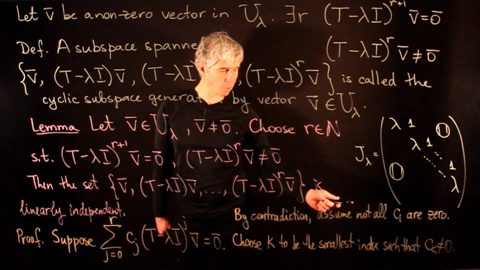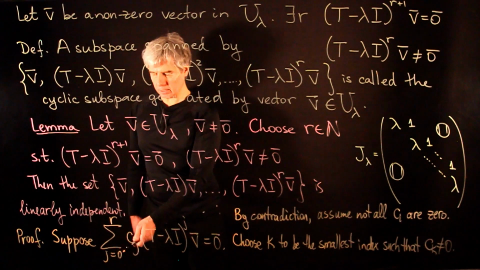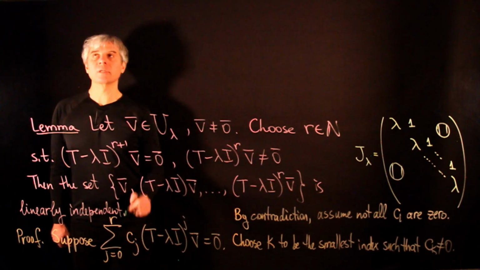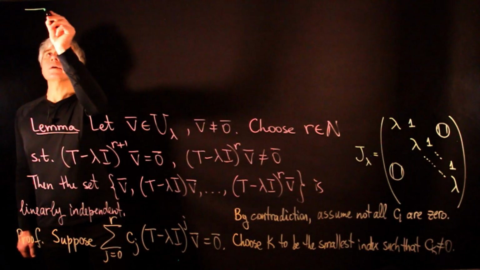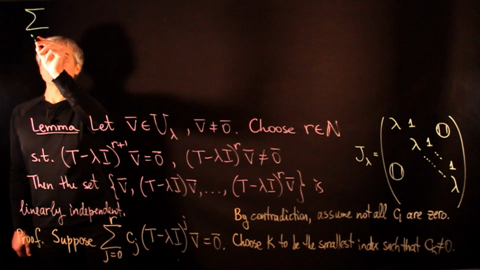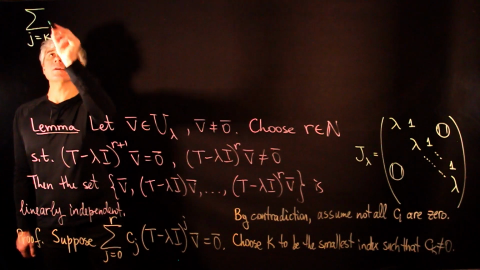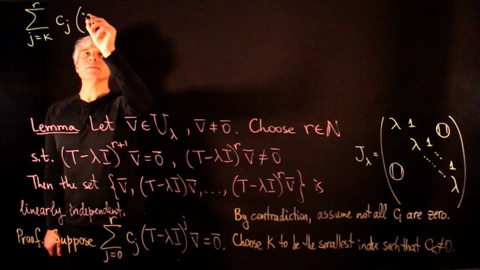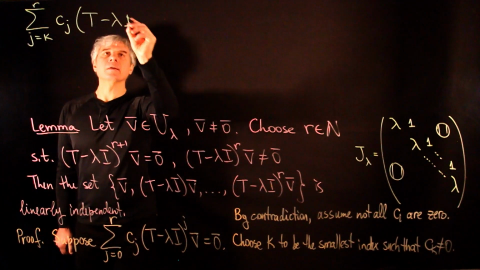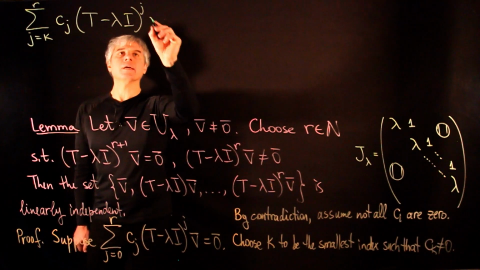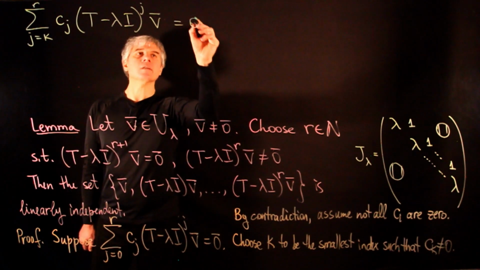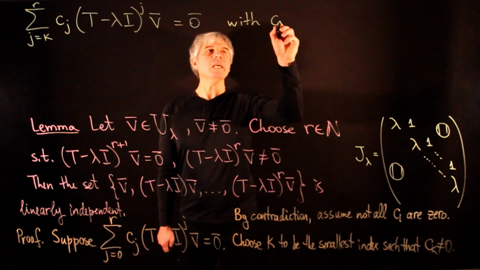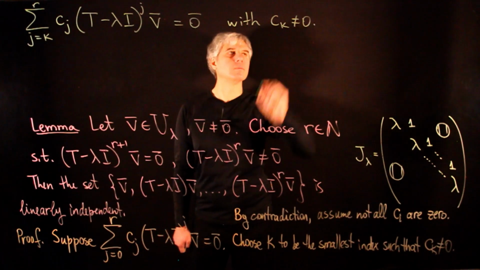So this means that all coefficients with lower indices than k are 0. Then this linear combination may be written in the following way. We have the sum, j goes from k to r, c_j times (T minus lambda I) to the power of j acting on v is equal to 0, with coefficient c_k being non-zero.